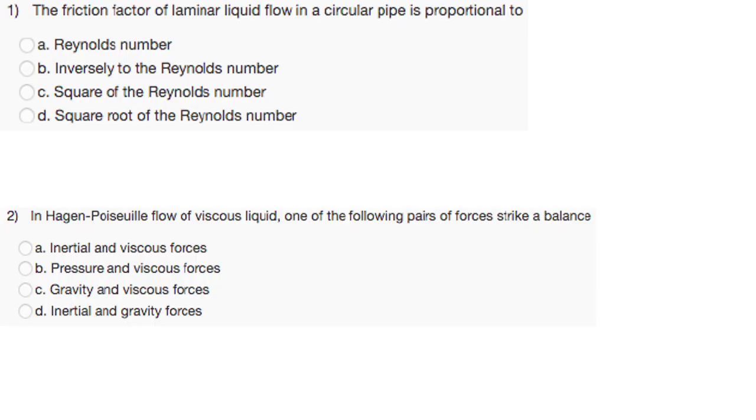The friction factor of laminar liquid flow in a circular pipe is proportional to what? Here we are talking about the friction factor, f, in the case of laminar flow. What does it depend on?